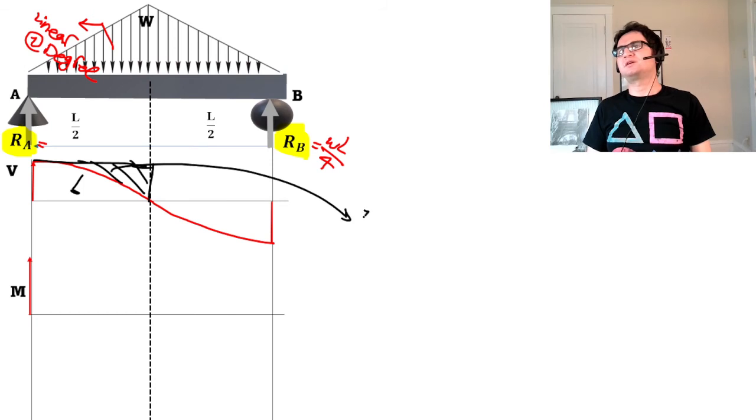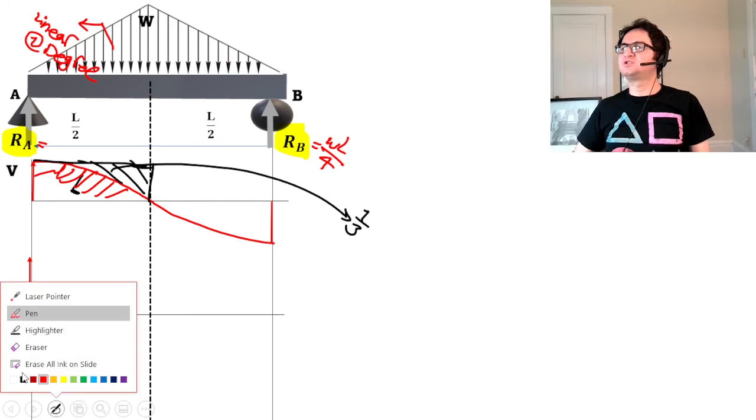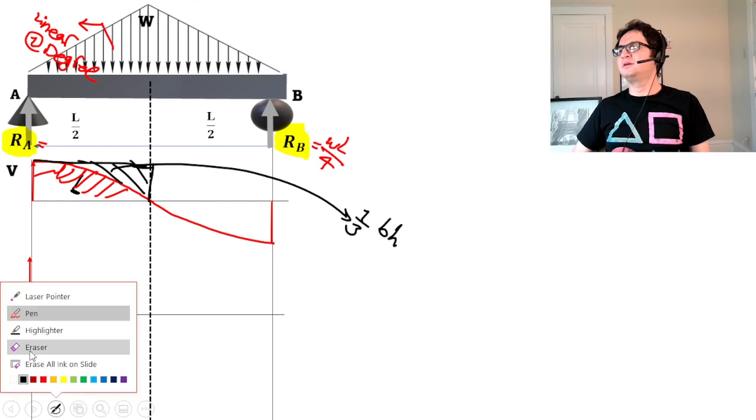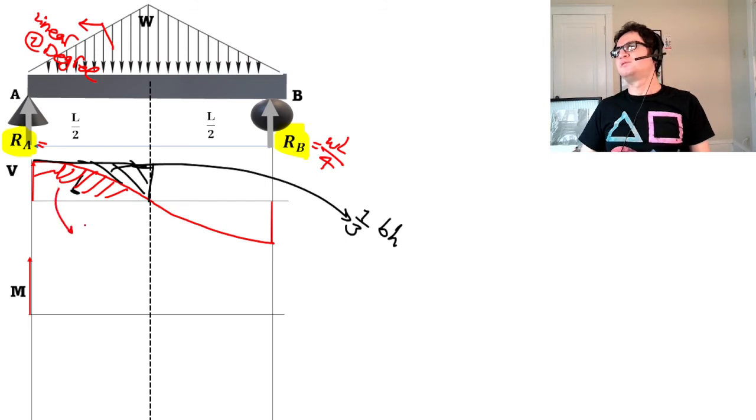So this area is 1/3 of BH. The other one, the area of the remainder, goes by 2/3 of BH.